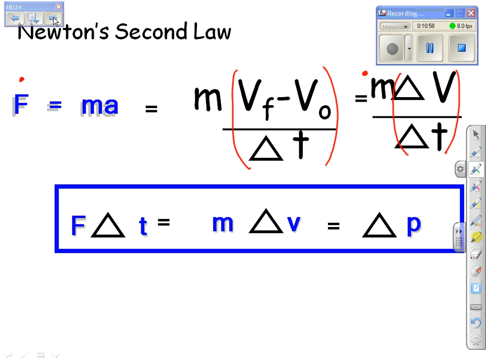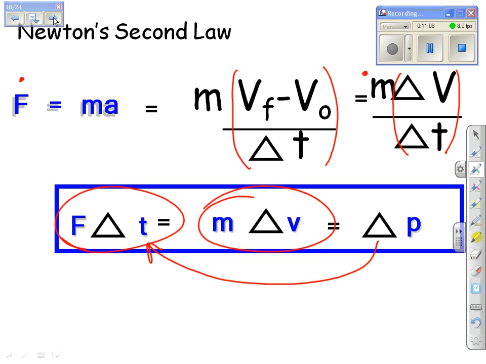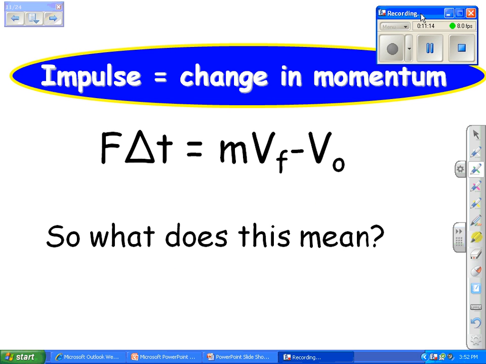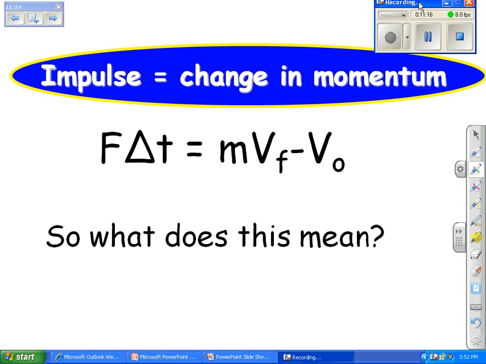So the change in momentum equals what we had said earlier, but we can also say that it equals force times the change in time. Now that's known as impulse. Okay, so impulse equals a change in momentum. So force times the change in time is also known as impulse.